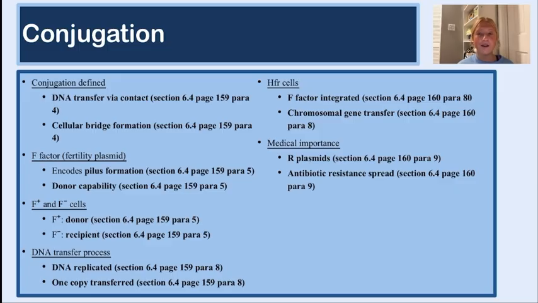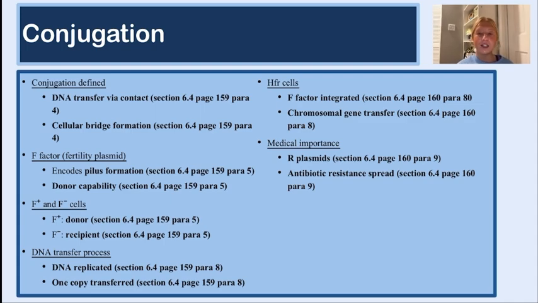Cells carrying F plasmids are designated F positive, but those that lack it are designated F negative. During conjugation, the F positive cell transfers a replicated copy of the plasmid to the recipient. But in some cases, the F factor becomes integrated into the bacterial chromosome, producing HFR cells, and these can transfer chromosomal genes at high frequencies.